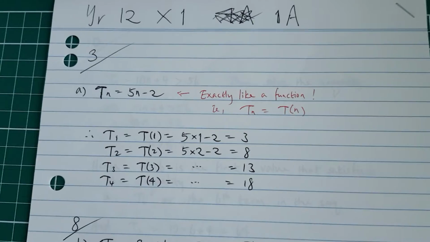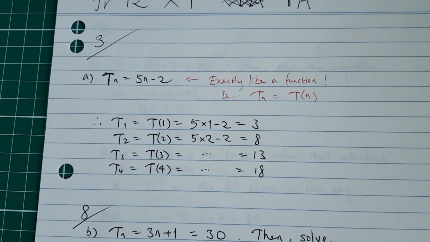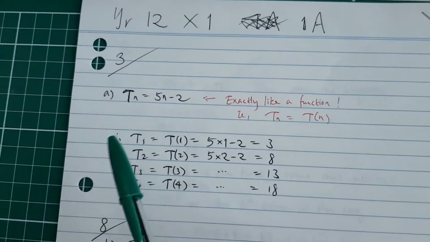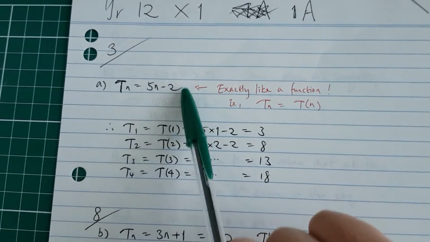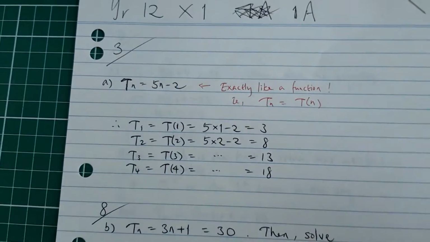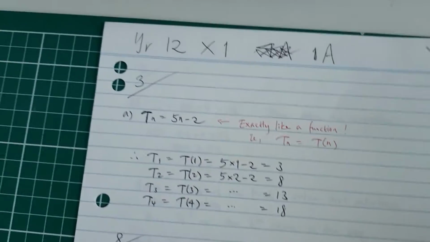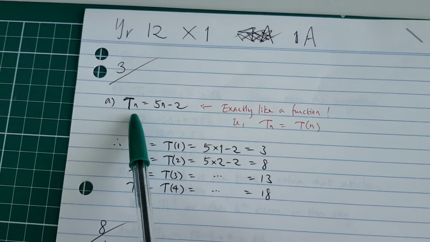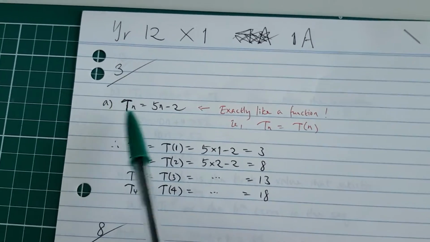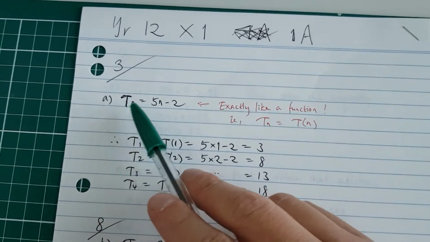All right, so question 3A. So you're given this equation for the sequence. By the way, this sequence Tn, T obviously means term and n means the nth term.